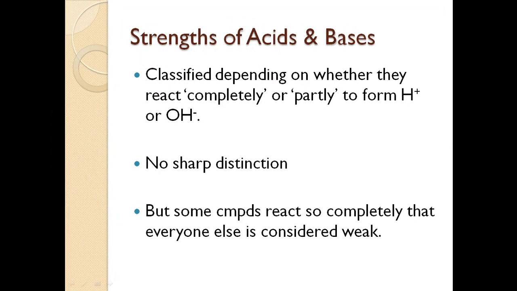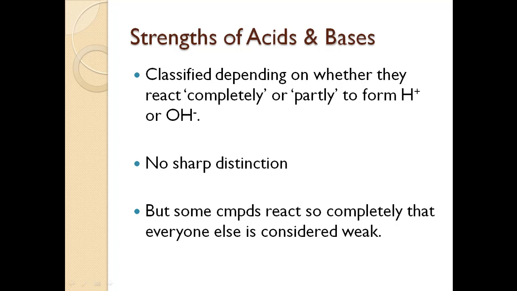Acids and bases are classified as strong or weak depending on whether they react completely or partly to form hydrogen ions or hydroxide ions. There's really no sharp distinction between a weak and a strong acid. It basically just depends on how completely they dissociate to form these two ions.